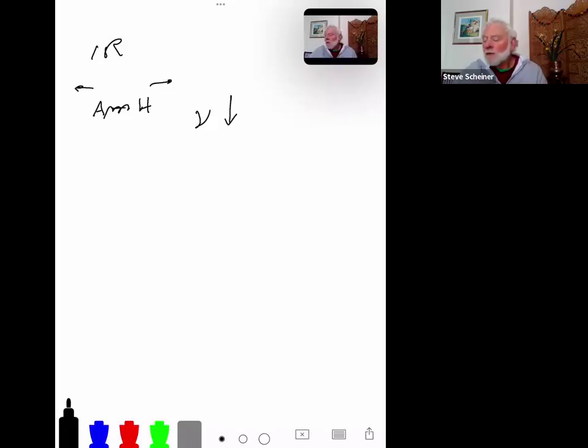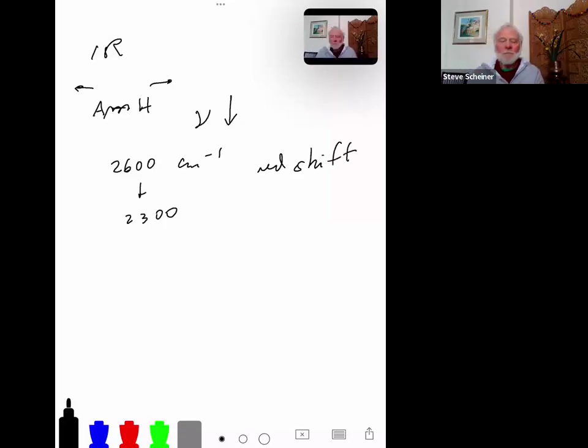For example, if it was 2,600 reciprocal centimeters, or wave numbers, in the isolated molecule, when it forms a hydrogen bond, it may drop to maybe 2,300. It's clearly visible in the spectrum, and that's called a red shift.